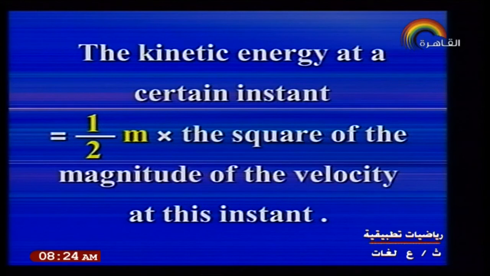Then, dear student, kinetic energy is constant when the body moves in uniform velocity, but kinetic energy is variable when the velocity is variable, as kinetic energy in this case equals half times mass times square of magnitude of the velocity at this instant.